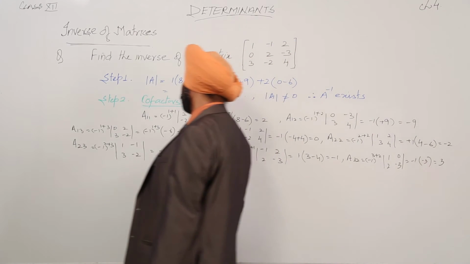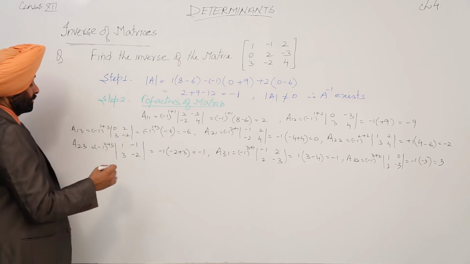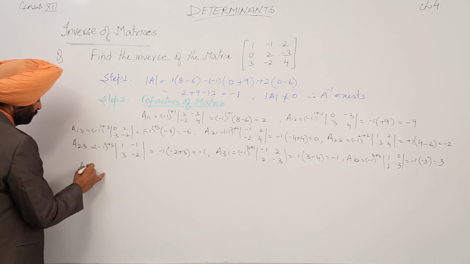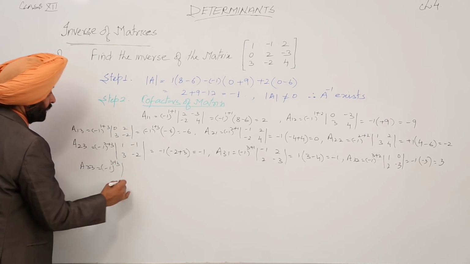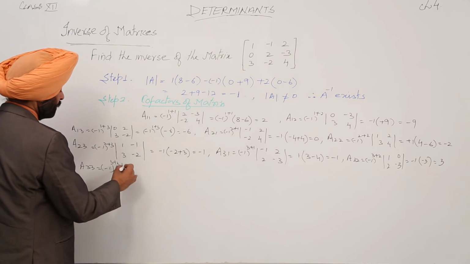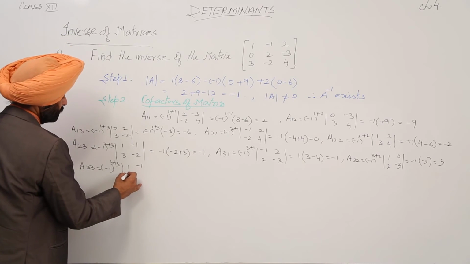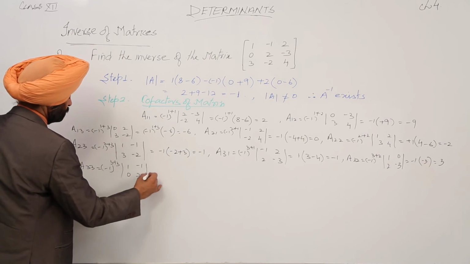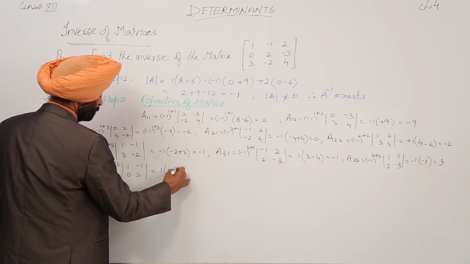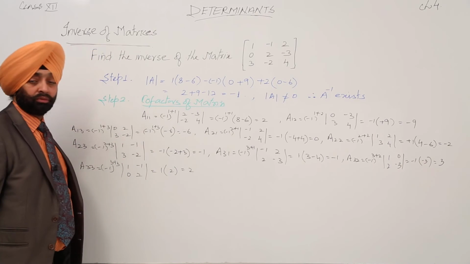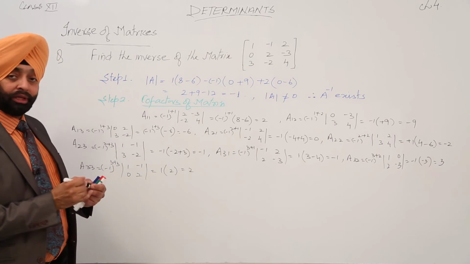Okay. Last one we are having A33, negative of 1 raised to 3 plus 3 and the last term we are having 1 minus 1 0 with 2. So we are having 1 with 2, that is 2. Okay. So we have got all the 9 cofactors.